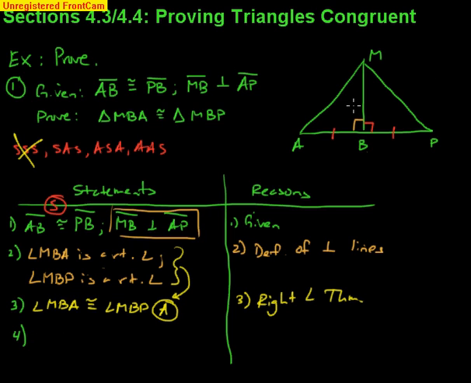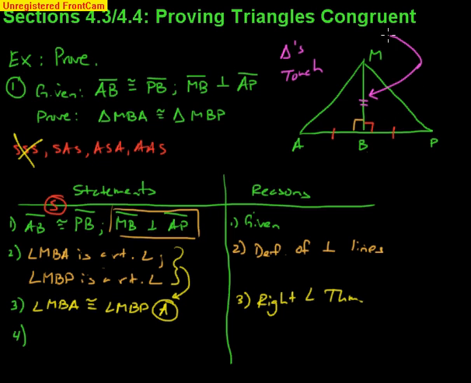Look at your 2 triangles. Make a note: the triangles touch, right? They touch right there. Side MB is shared between both triangles, so it is congruent to itself.